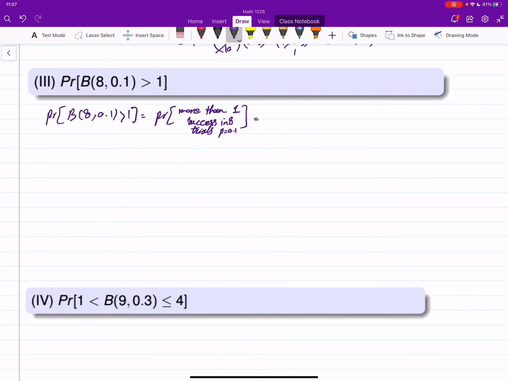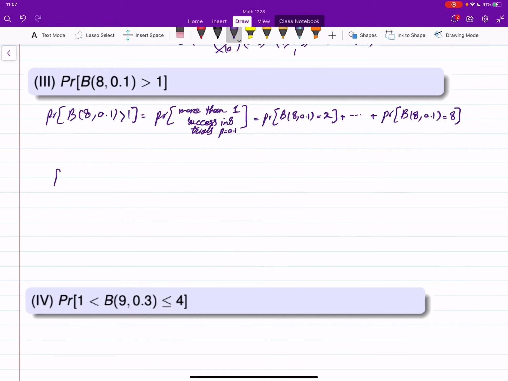Well, you can say that it means we have 2 successes or 3 successes, up to at most 8 successes if we have 8 trials, yes? But again, there are 7 numbers there that you have to add.